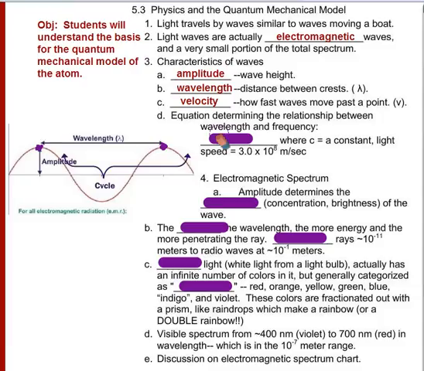So, we have the equation determining the relationship between wavelength and frequency: c equals lambda, which is our wavelength, times f, which is our frequency. This is also frequently written as c equals lambda nu.